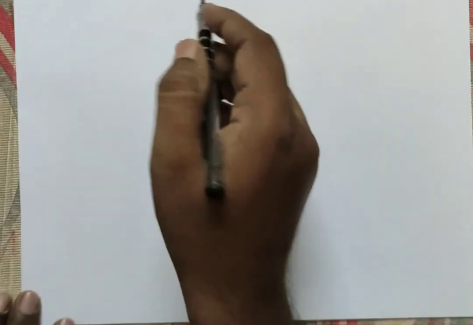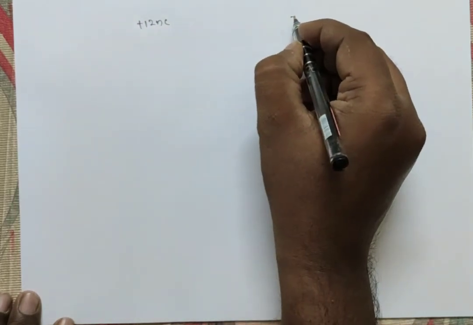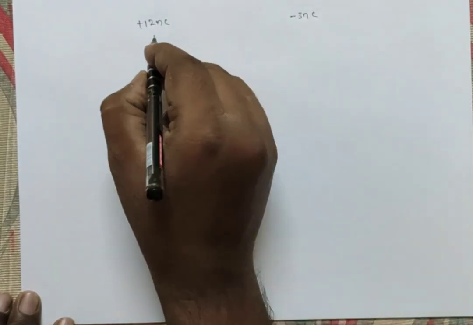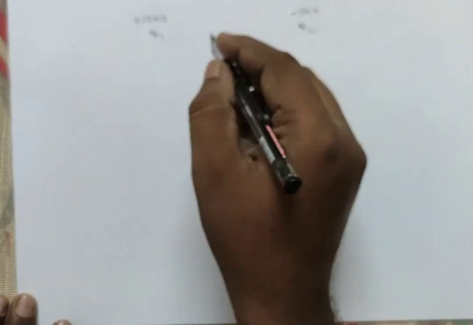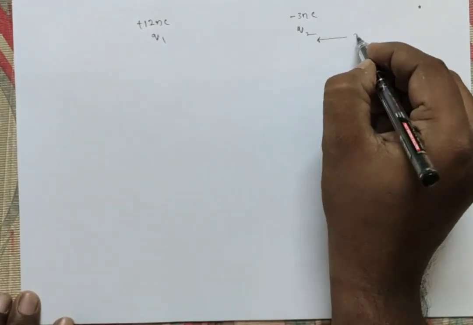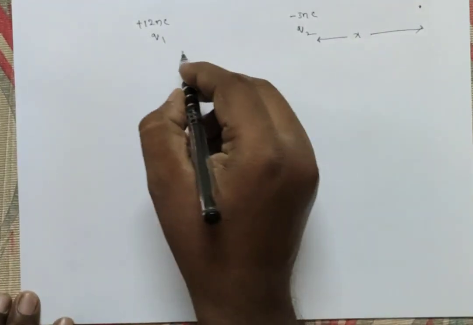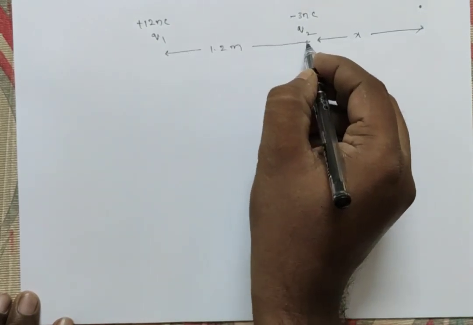Here plus 12 nanocoulomb, here minus 3 nanocoulomb, Q1, Q2. So where the null point is possible means outside. This is at a distance x, and already it is 1.2 meters we have.